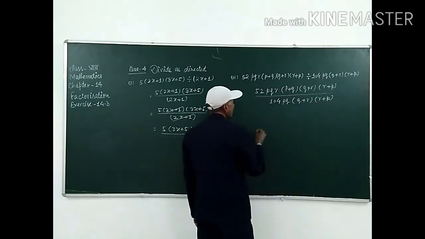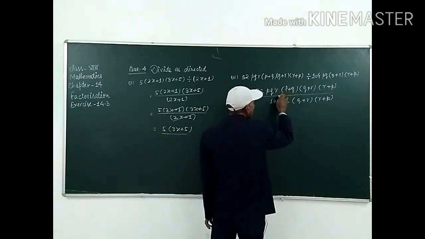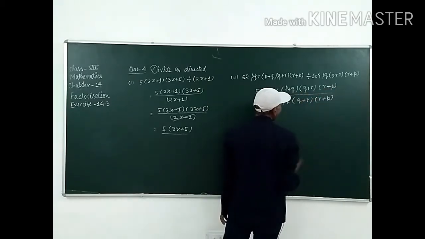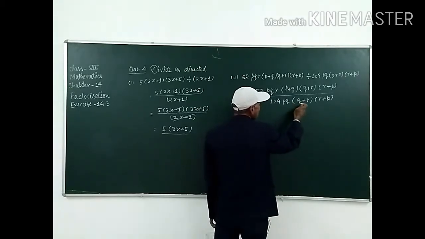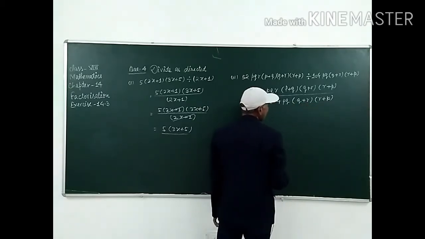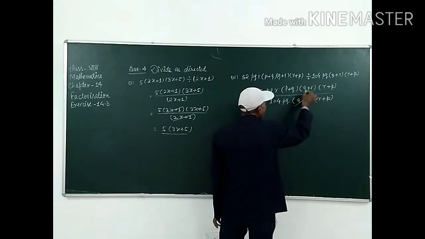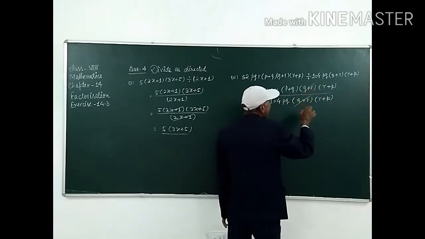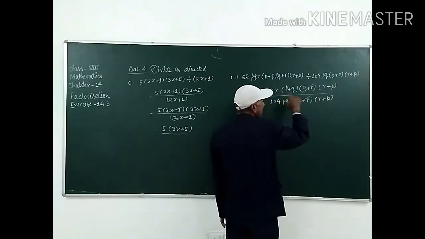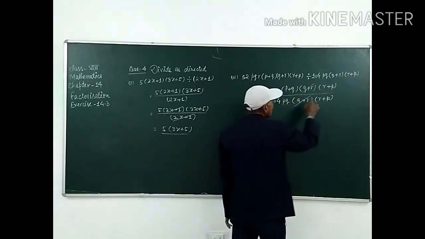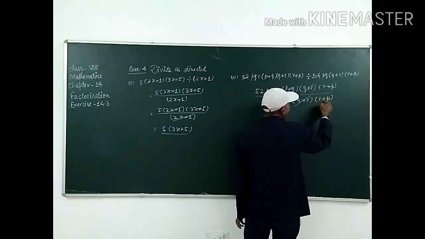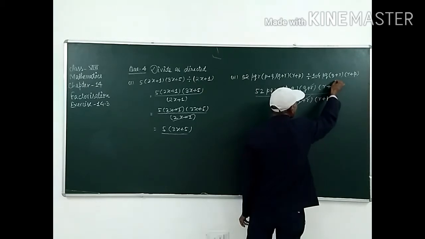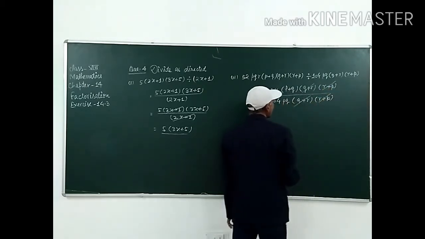And student, here P plus Q into Q plus R into R plus P, and the denominator is Q plus R into R plus P. So we have to divide this Q plus R by this Q plus R, because there is a sign of multiplication in all terms. So this R plus P and this R plus P, this R plus P is divisible by this.